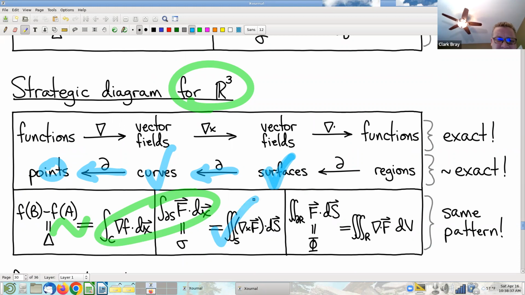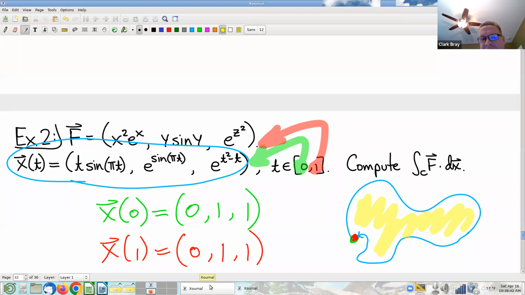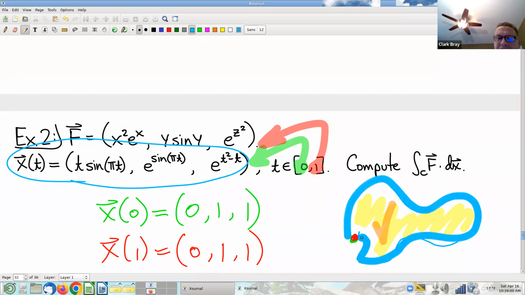The problem here is that it's real hard to write down what this surface is, right? I mean, if I wanted to understand this surface, I really would need to have a better understanding of the curve, and the curve is all kinds of weird.